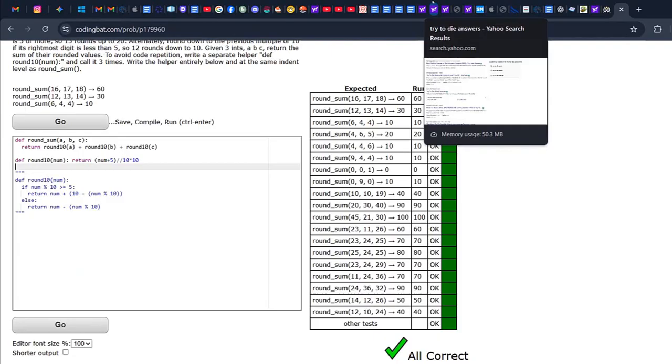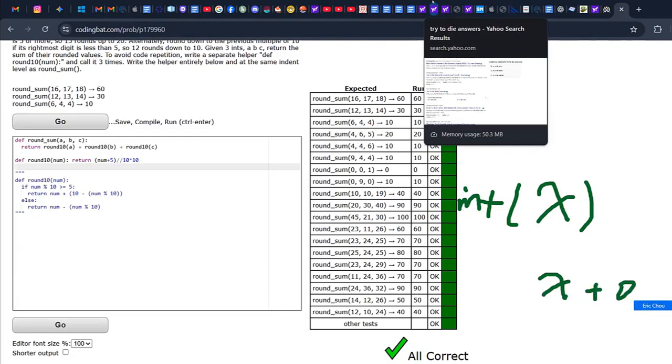So let's assume we have a number x and you want to do rounding. Rounding is not integer x. Integer x will take out all of the fractional part, right? So it's not. It is x plus 0.5 and then take the integer.